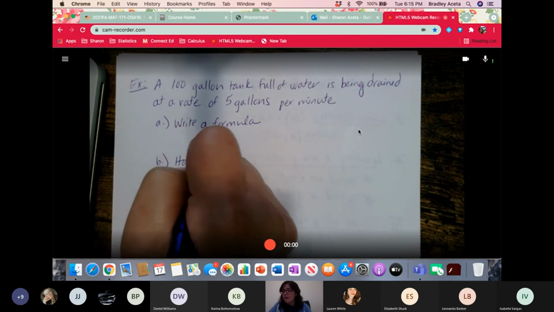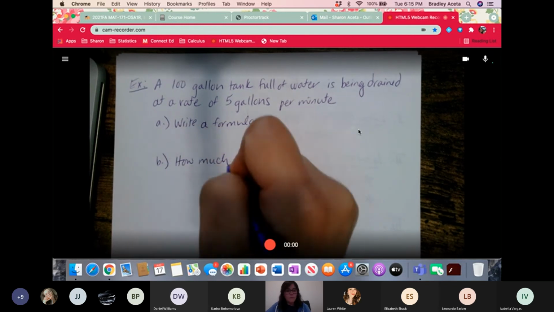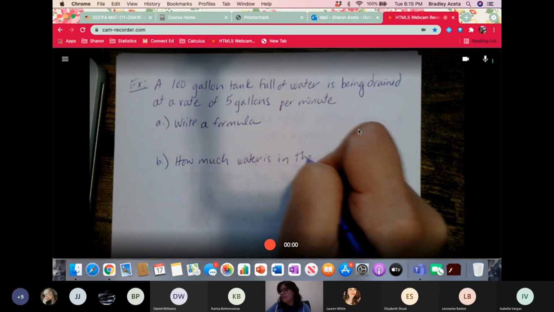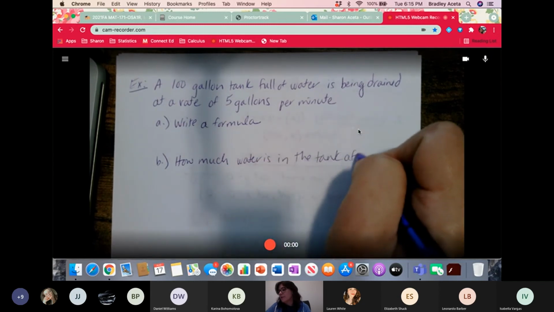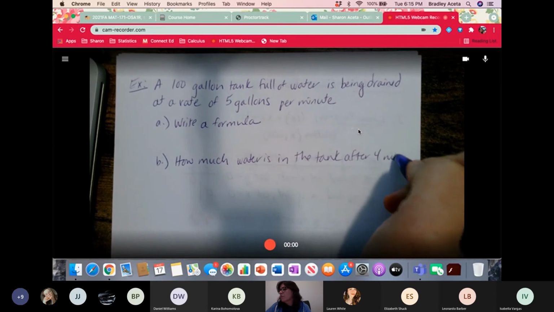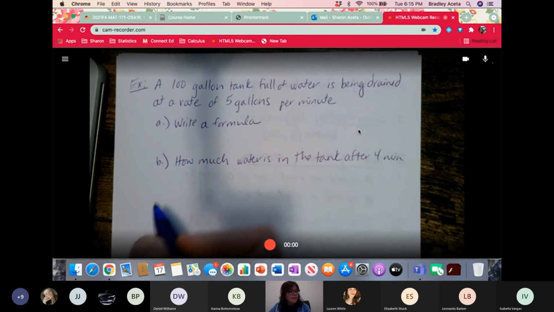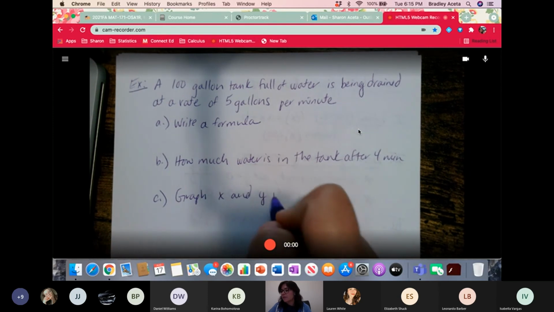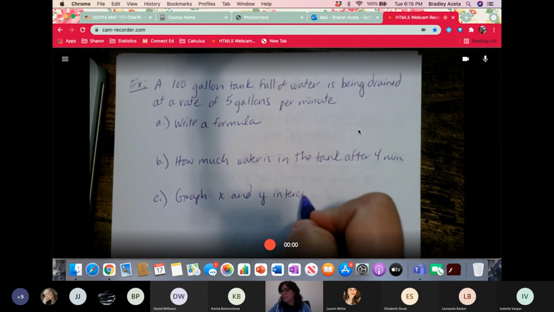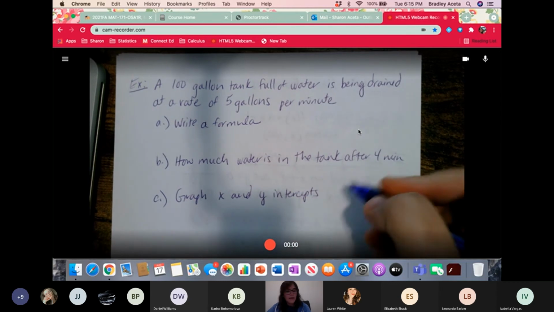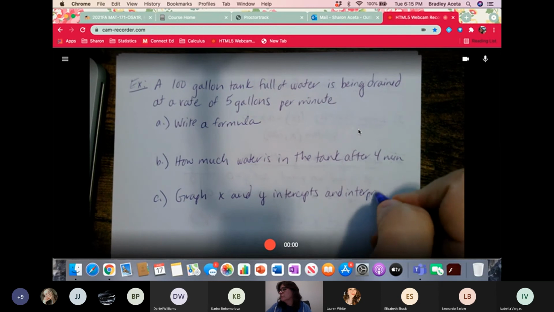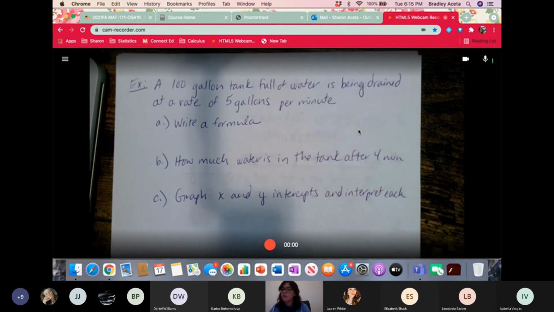Then it's going to ask you how much water is in the tank after 4 minutes. And then I want you to graph X and Y intercepts and interpret each. So we will go through that.